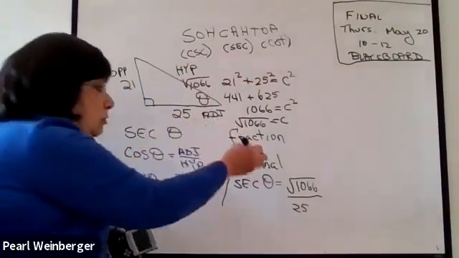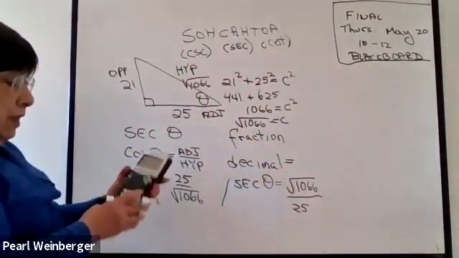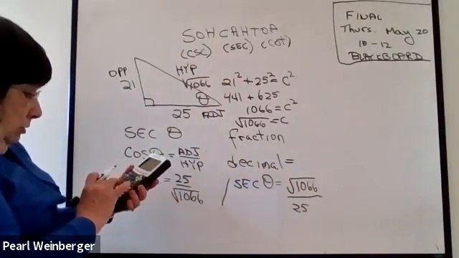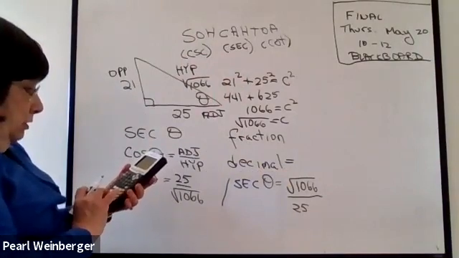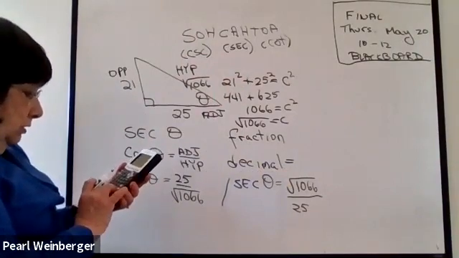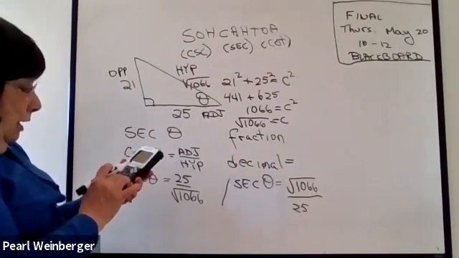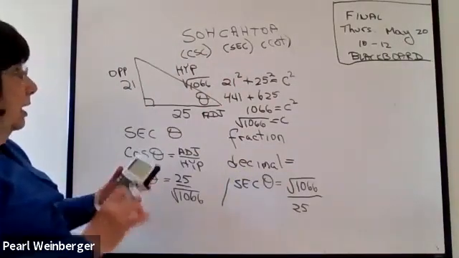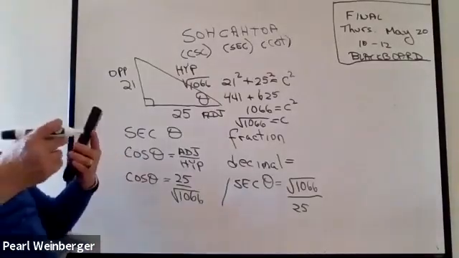If they ask you to give the answer in decimal form, which they might, then you're just going to do that. You're going to take your square root of 1066, make sure you get out of the square root, and divide it by 25. And let's say they ask you to give the answer to 2 decimal places.